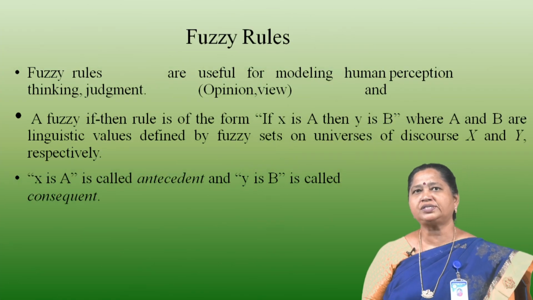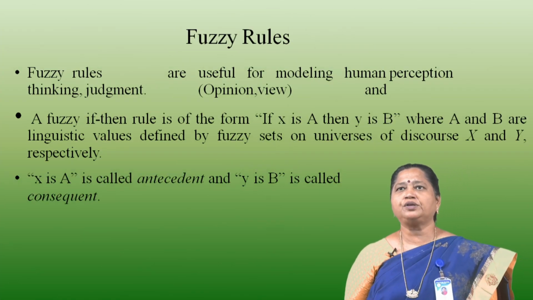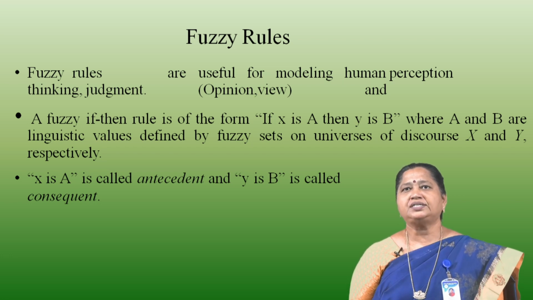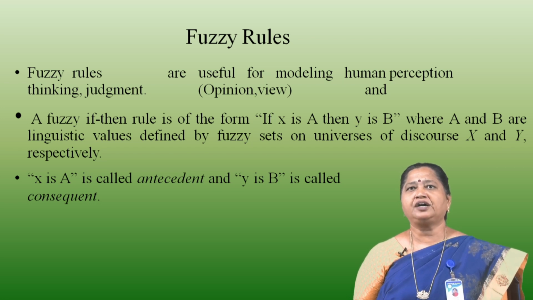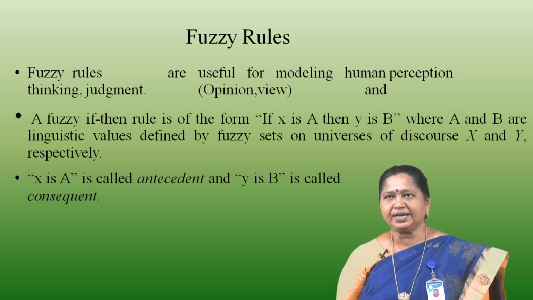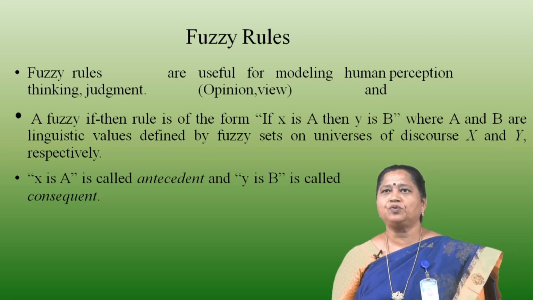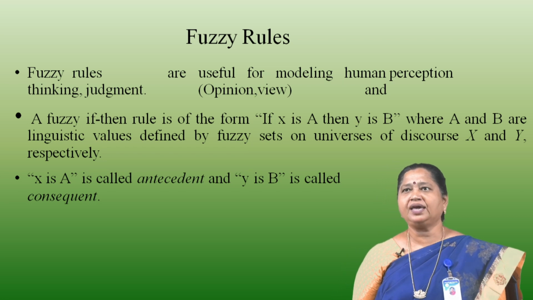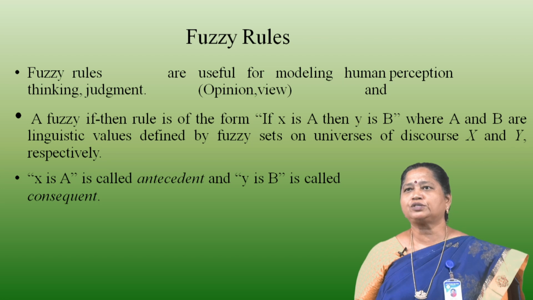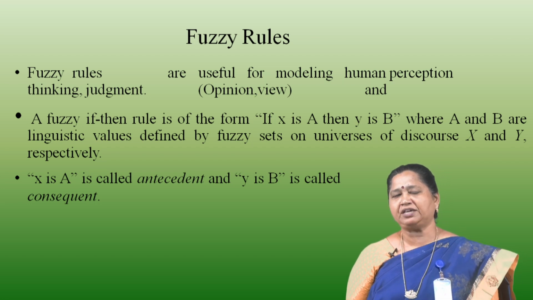Next, fuzzy rules. Fuzzy rules are useful for modeling human perception, thinking, judgment, that is opinion, value. A fuzzy if-then rule is of the form: if x is A, then y is B, where A and B are linguistic values defined by fuzzy sets on universes of discourse X and Y respectively.